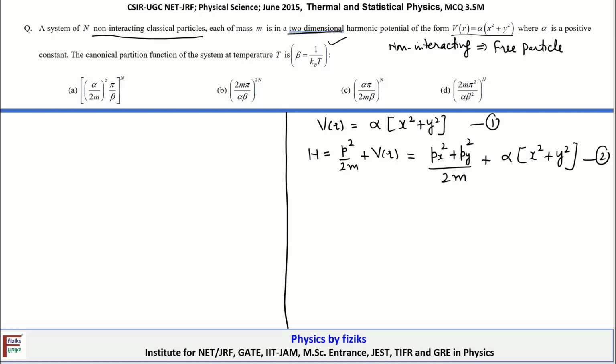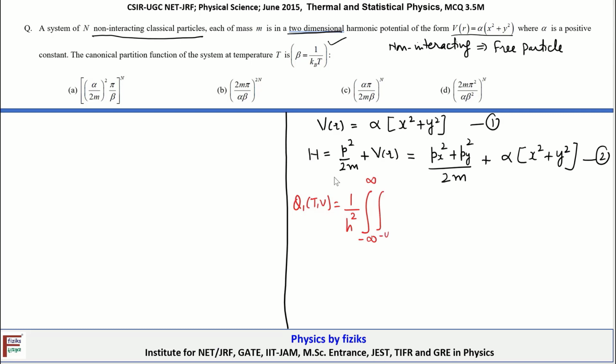Now, by knowing the Hamiltonian, we can immediately write the expression for the partition function. The partition function for one single particle is q1(T, V), equal to 1 upon h square, because it's in two dimensions.